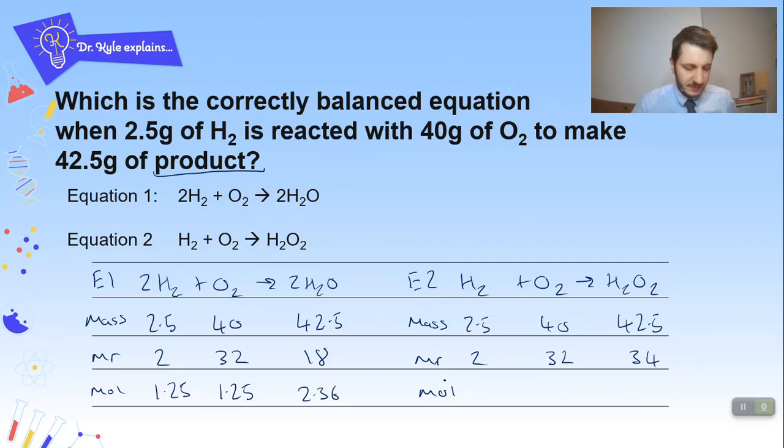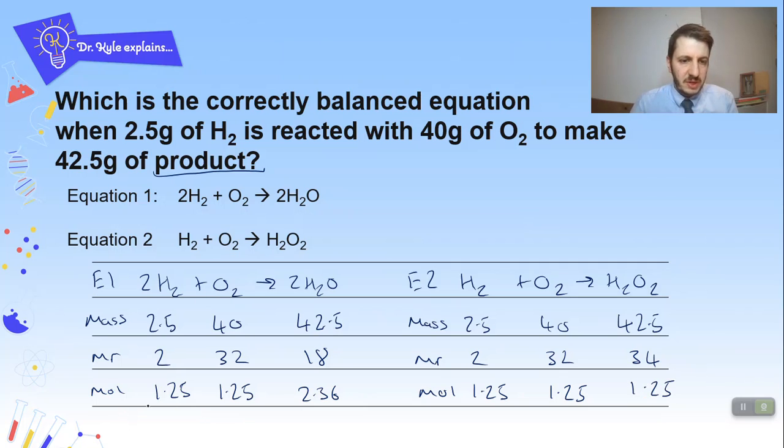2.36. This one then, 2.5 divided by 2 is 1.25. 40 divided by 32 is, let's do that again, 32 is 1.25. And then 42.5 divided by 34 is 1.25.